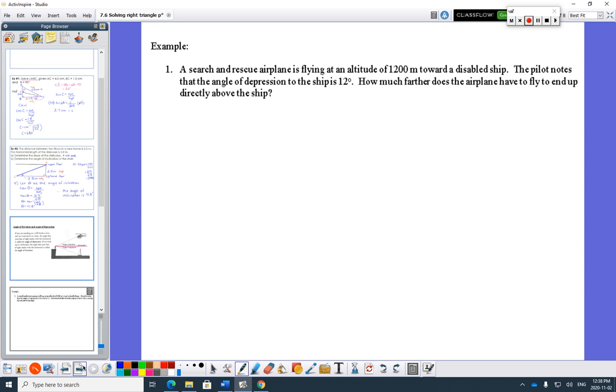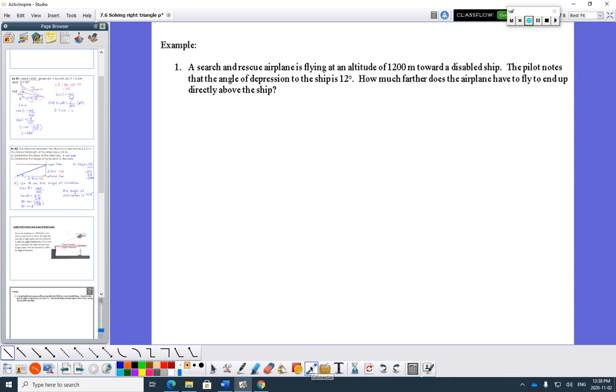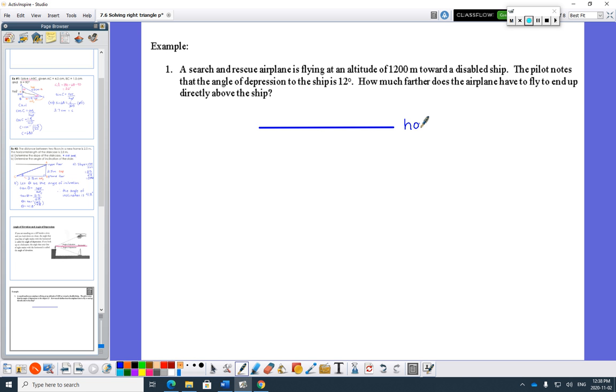So, as soon as you see angle of depression or angle of elevation, what I would do is draw a horizontal. And then it says angle of depression. So we're going to go down.